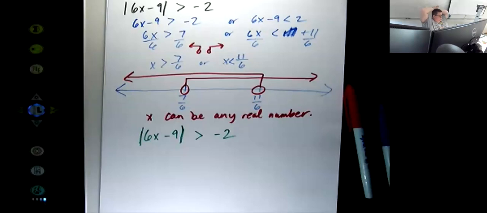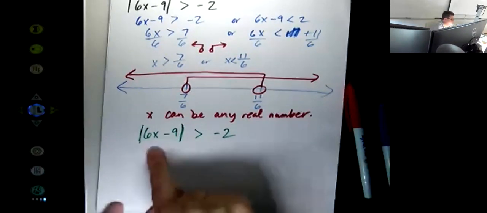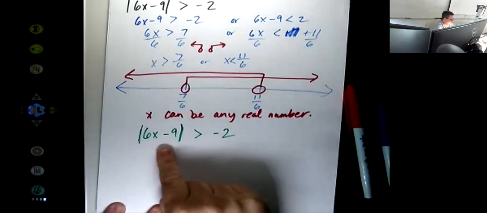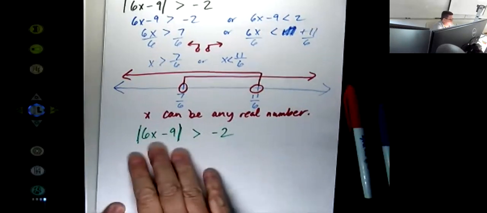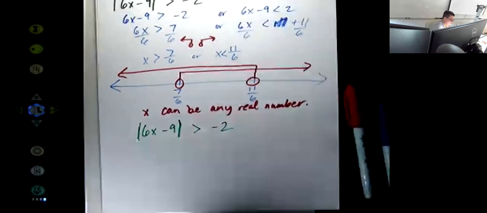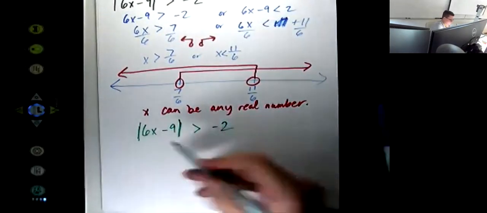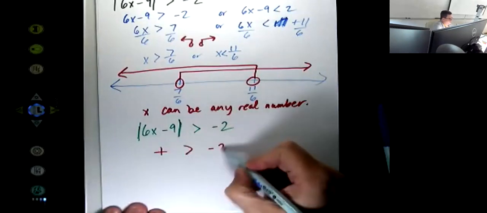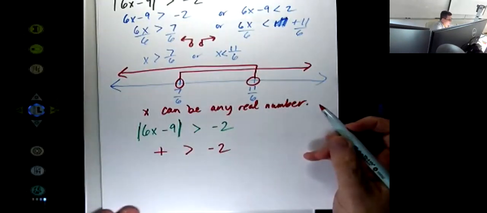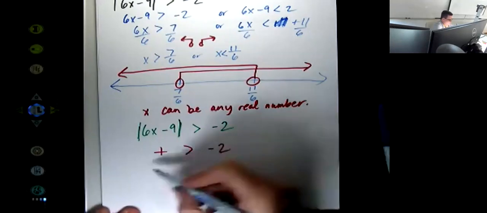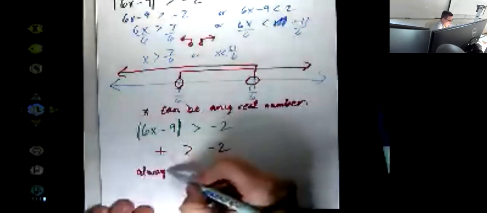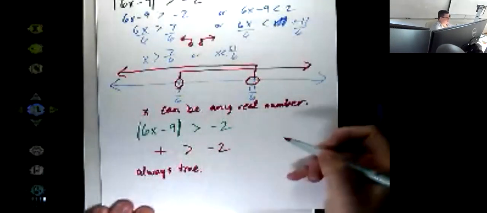So whatever I put in here, I'm gonna end up with a positive number when I'm done with the absolute value sign, right? This is a positive number greater than -2. That's always true. And I didn't have to solve for x.